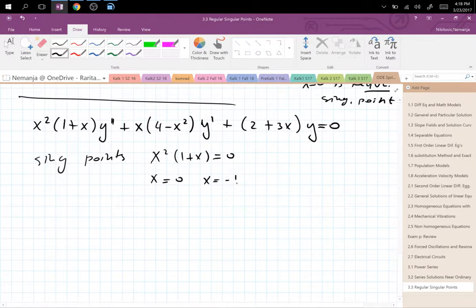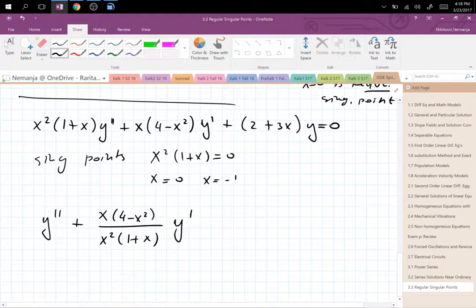Now, in order for us to say whether they are regular or irregular, all we need to do is to divide by this and then check what's happening with limits. So y double prime plus x (4 minus x squared) divided by x squared (1 plus x) y prime plus (2 plus 3x) divided by x squared (1 plus x) y equals 0.